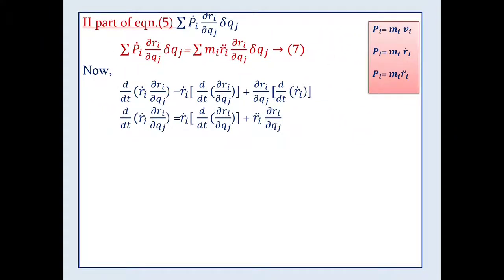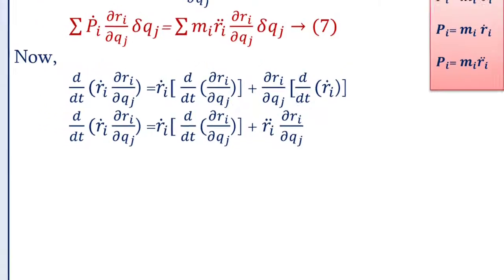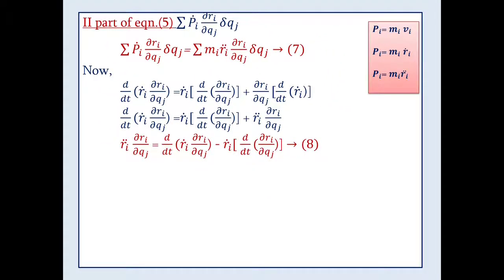So in the next step, we have Ri dot into d by dt of dou Ri by dou Qj plus, since d by dt of Ri dot is the double time differential, Ri double dot. For convenience, I am writing Ri double dot first, followed by dou Ri by dou Qj. I am bringing this Ri double dot dou Ri by dou Qj to the left hand side, and on the right hand side we have d by dt of Ri dot dou Ri by dou Qj minus Ri dot d by dt of dou Ri by dou Qj. This is taken as equation number 8.